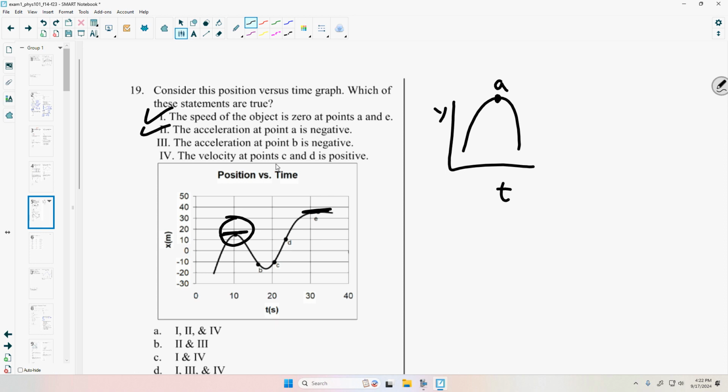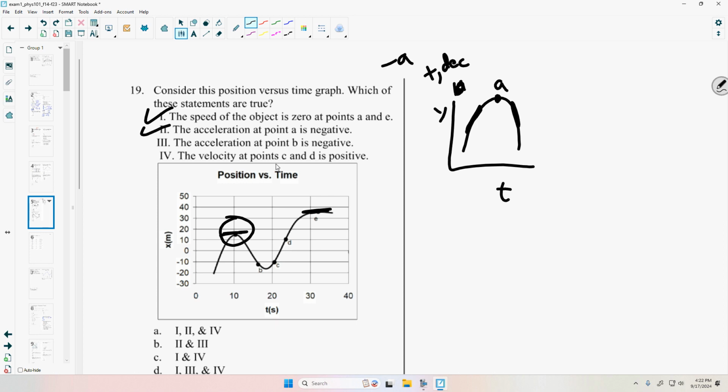I have on one side a positive decreasing slope. It's positive and it's decreasing. It's getting less steep. That means that I have a positive velocity and it's slowing down. That means I have a negative acceleration.